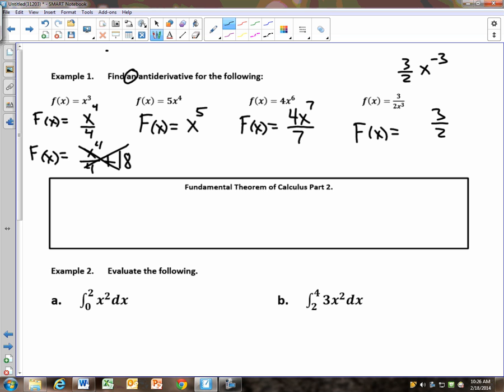So we have 3 over 2 x to the negative 2, and then you could either write it over negative 2 or multiplied by negative 1/2, however you want to do it. I don't care. So it looks like on the top we get negative 3, and on the bottom we have 4, and we have x squared as we drop the exponent down.